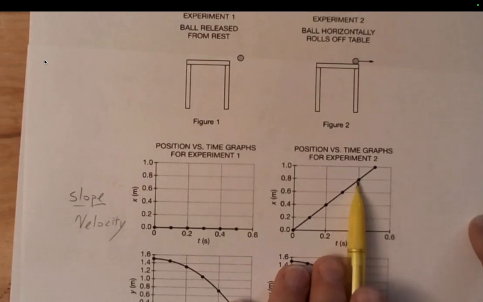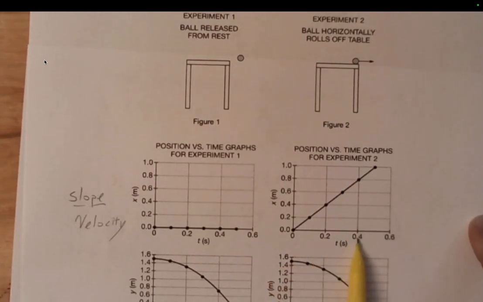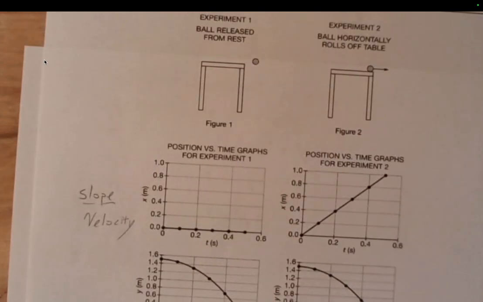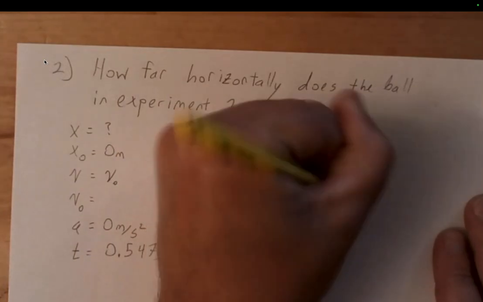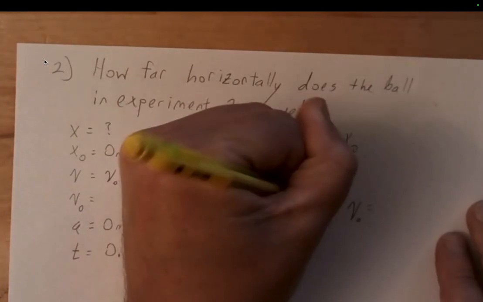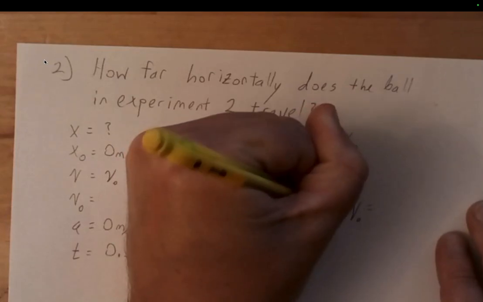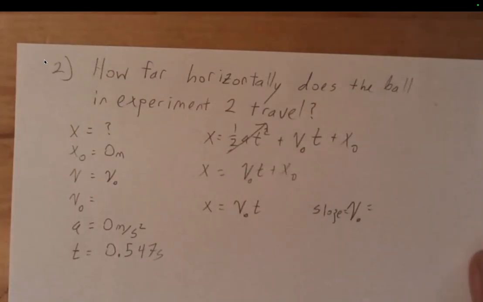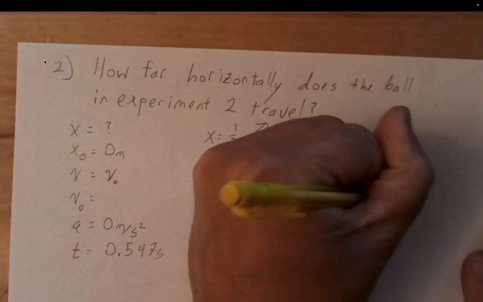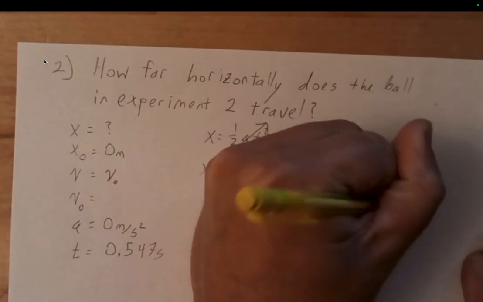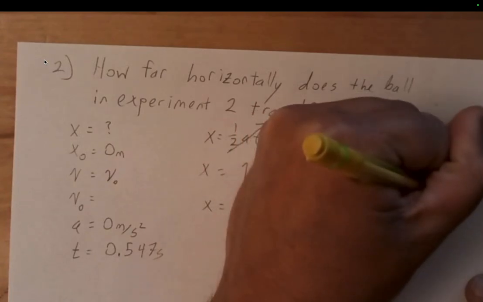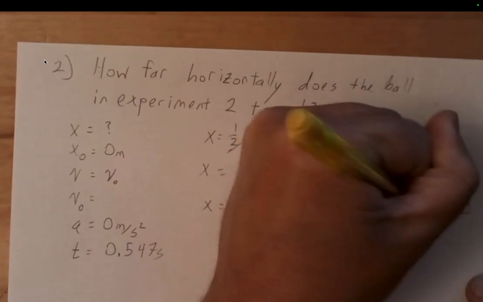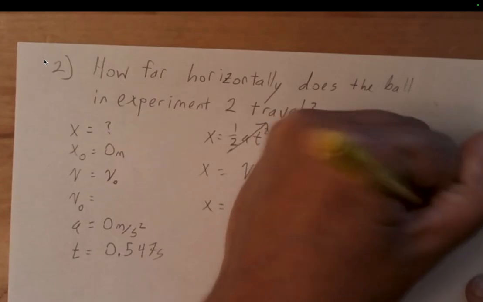So if we go out 0.8 meters in 0.4 seconds, and our 0 point, our v naught is going to equal our slope, which is change in position over change in time: 0.8 minus 0 meters over 0.4 minus 0 seconds.